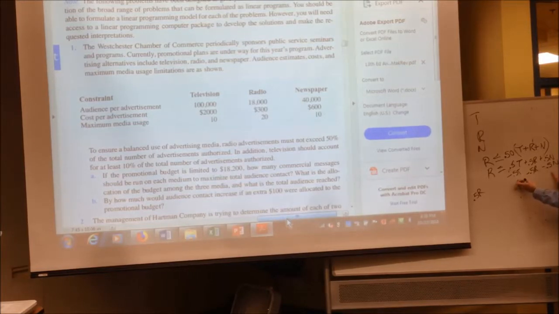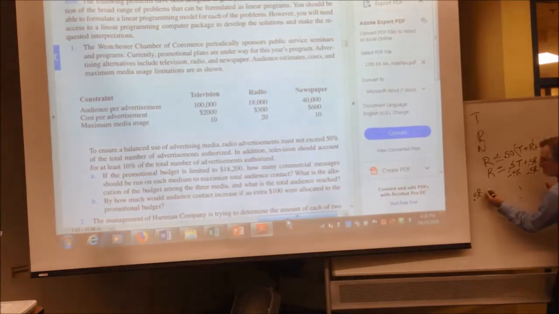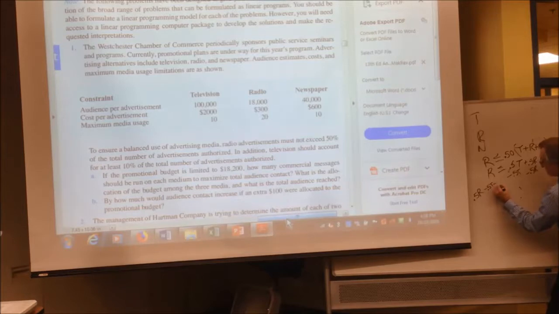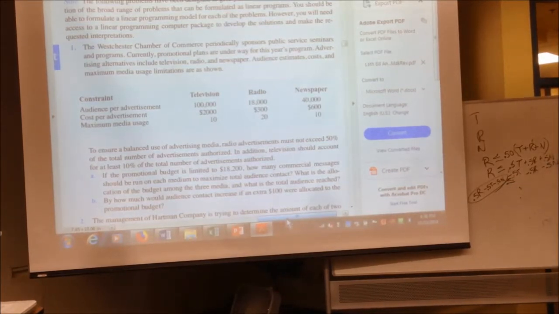The T and the N have nothing on the left. So when I subtract them from nothing, that turns into negative 0.5 T minus, because a negative 0.5 N. This is my left-hand side. Less than, equal to, what's the right-hand side? 0. There's nothing left. But now it's a number, and it's ready to enter into the software.